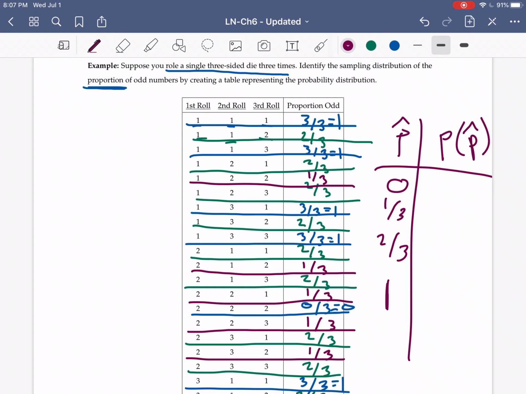So the probability of a proportion of 0, that showed up exactly 1 time out of the 27 different sets of die rolls.